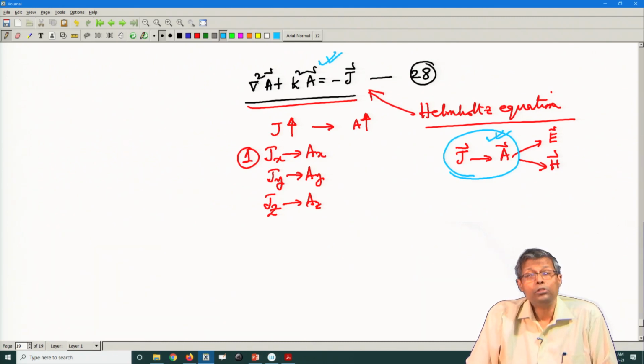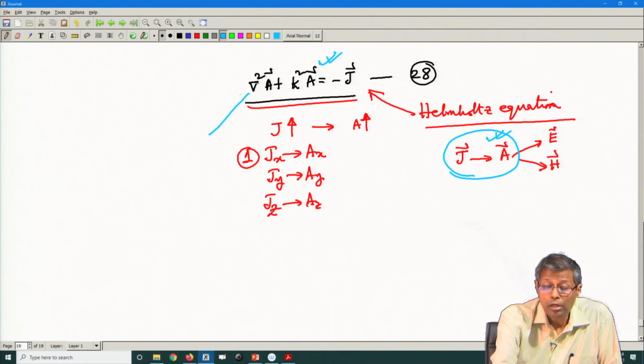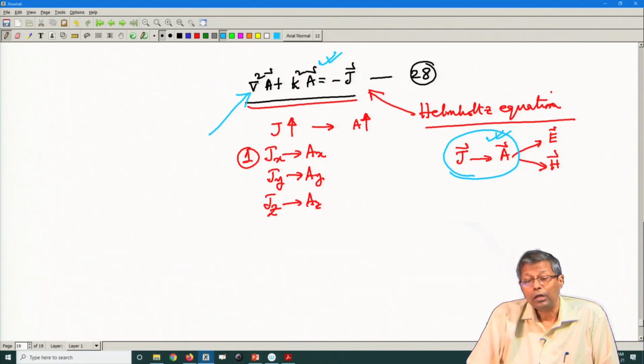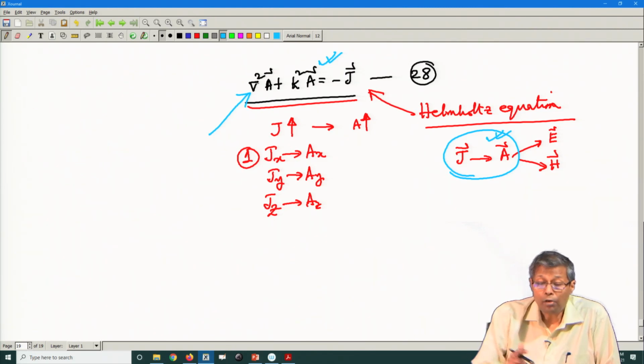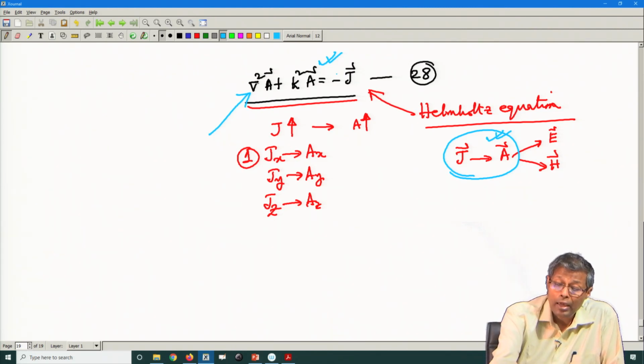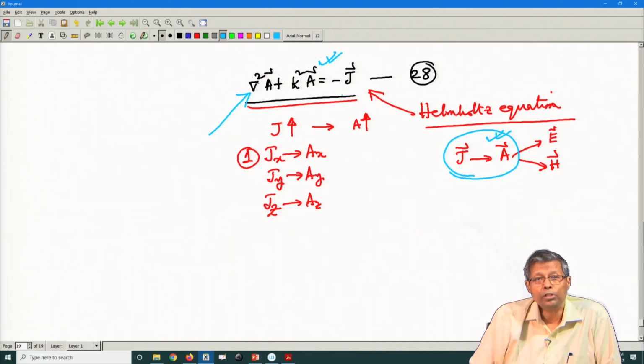This Helmholtz equation is solved under the imposition of the boundary conditions to the problem. So, therefore, A is found from this current source J by the imposition of boundary conditions.